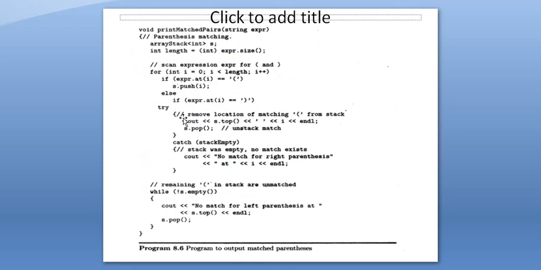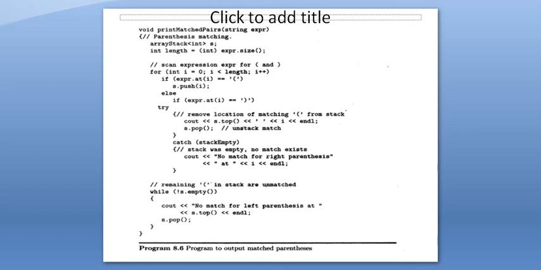The reason we used a try and catch clause is that when you compare a right parenthesis, you might get an empty stack. In that condition the catch clause will be executed; if there is a valid number of elements in the stack, the try block will be executed.